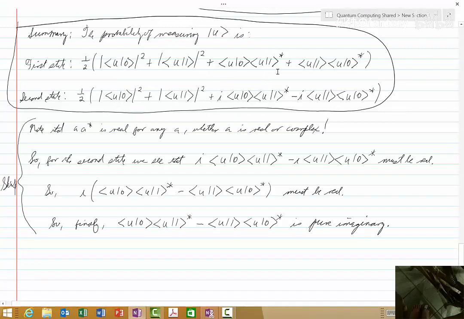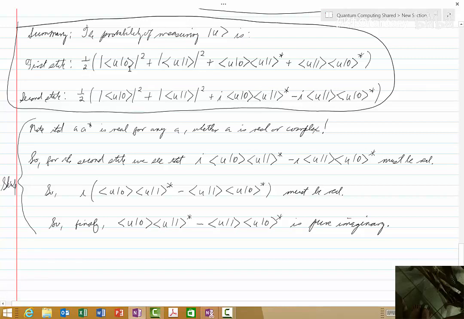It's easy to see why, because if u is equal to the 0 vector, then this term right here would be 0, and this term right here would be 0. So both of these terms would drop out of this top expression, and likewise this and this would be 0, so both of these terms would drop out of the second expression.